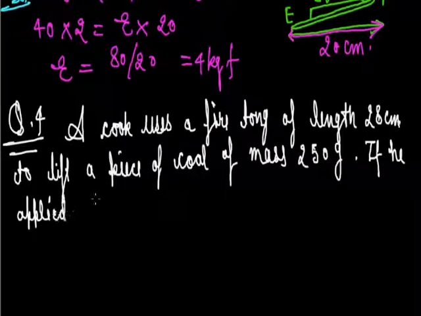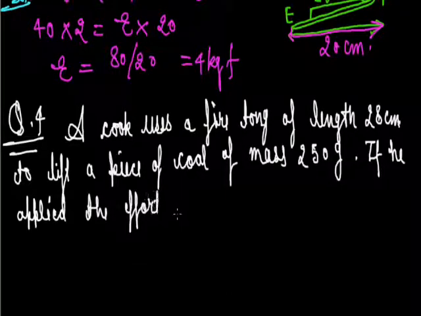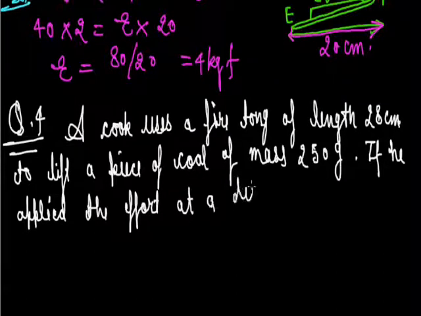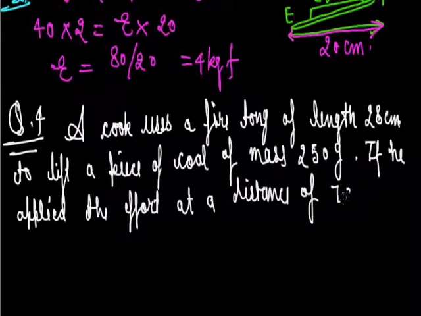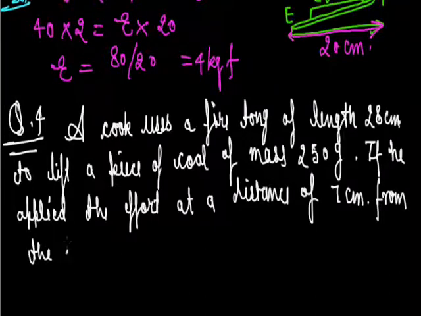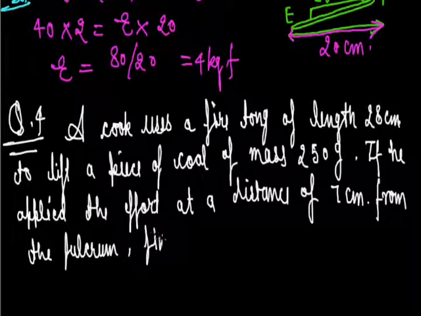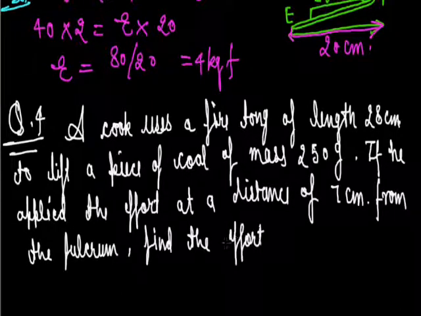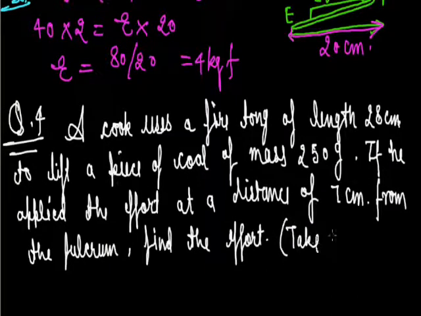If he applies the effort at a distance of 7 centimeter from the fulcrum, find out the effort, and take g equals 10 meter per second square.